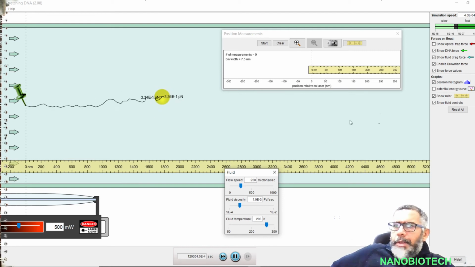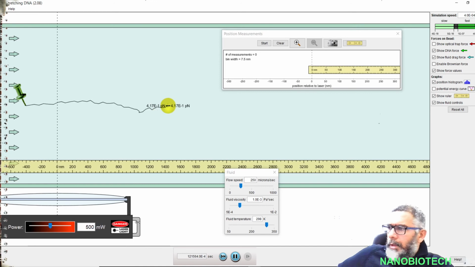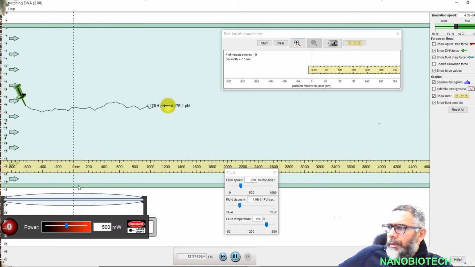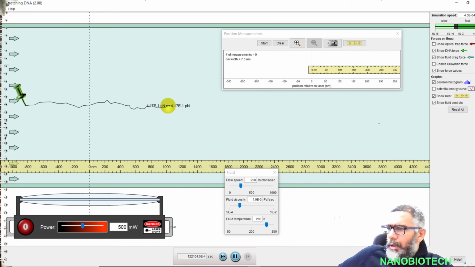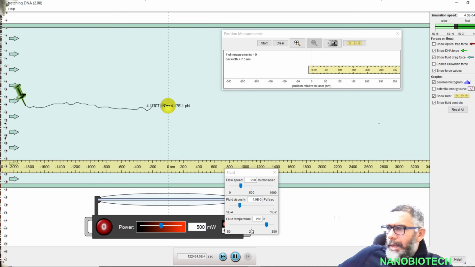Okay, and first disable the Brownian motion. And just wait for the sphere to settle in its equilibrium position, and then you will move the origin of your position measurements to the center of the sphere.